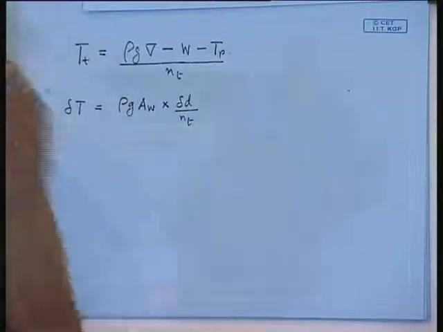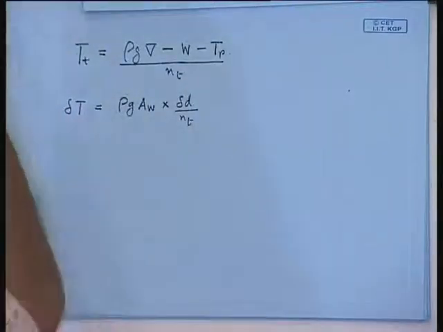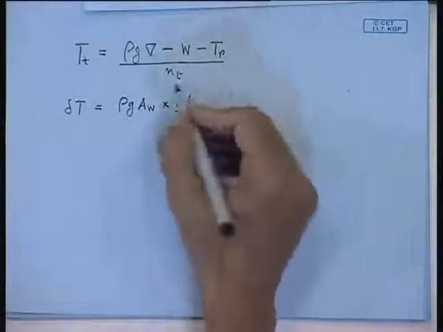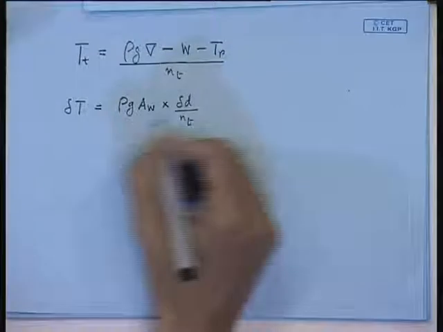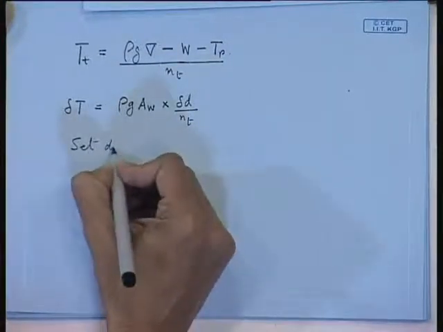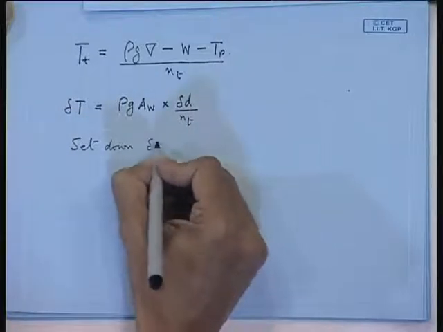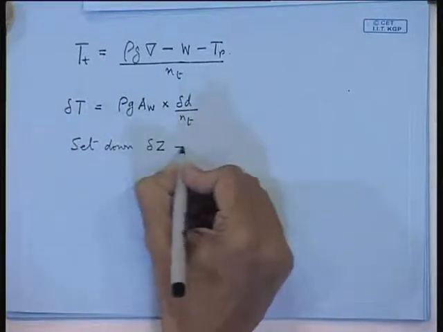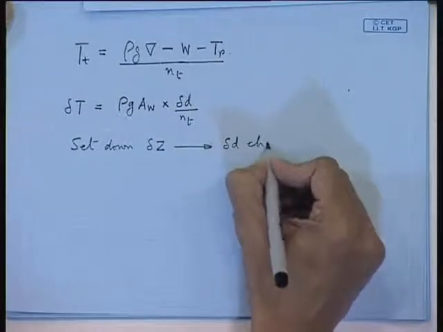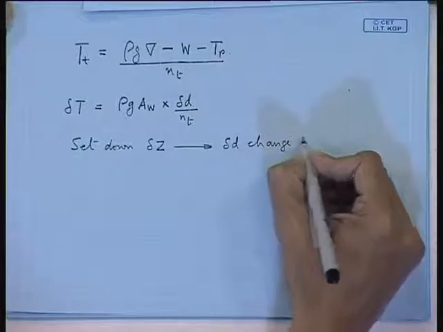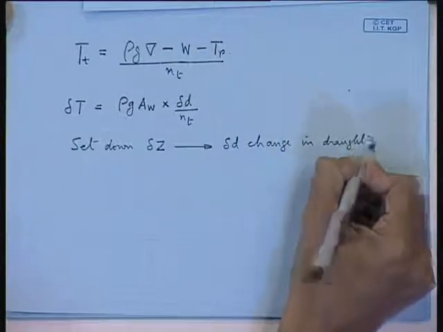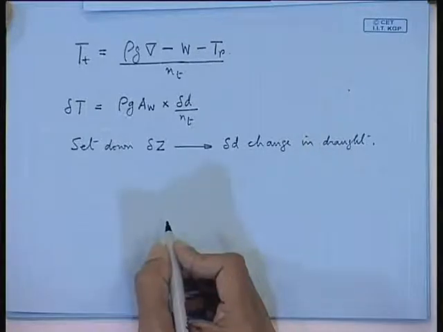Now, you find out this. Now, if you calculate set down, now set down is actually your delta Z. So, delta Z is your delta D or change in draft. So, now you calculate this.